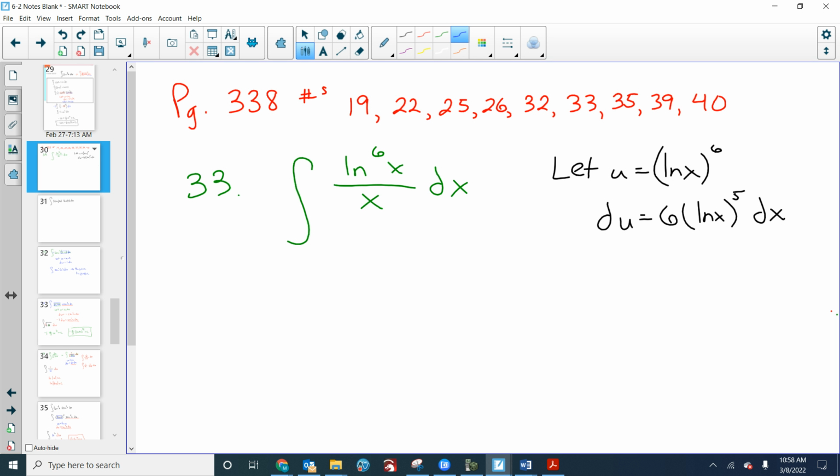Do we have a 6 ln x to the 5th dx? Well, this whole numerator would be u. Agree? Do we have a 1 over x dx in our du? No. So let's go back, try something else.